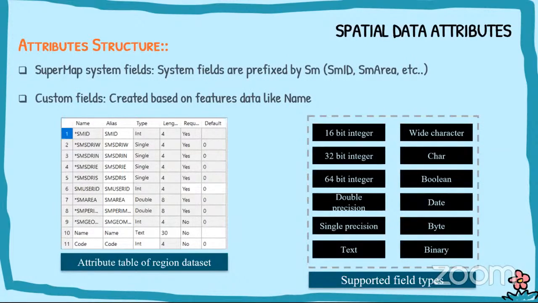The supported field types in the iDesktopX attribute table include wide character, text, integer like 16, 32, or 64-bit integer, double precision or single precision, all of which depend on the features that you have.